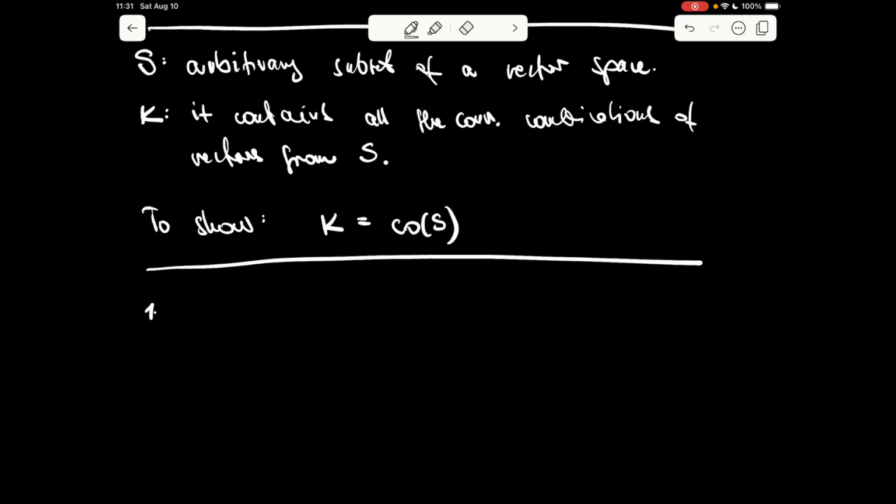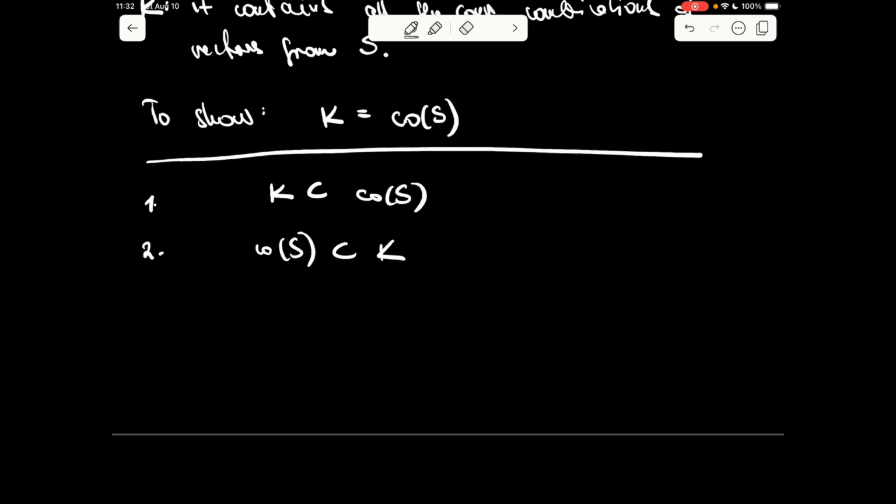We need to show first that K is a subset of the smallest convex set, and second, that the smallest convex set is a subset of K. Okay, so let's go step by step.